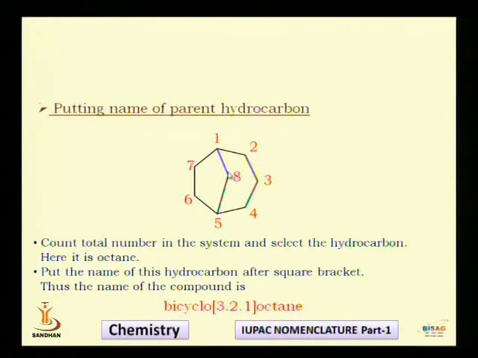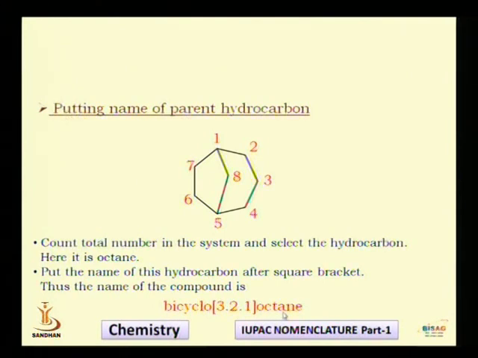So my compound has a total of 8 carbons, and therefore you go to the table which I had shown in the very first slide, the table showing the saturated hydrocarbons. In that table you will notice that when you have an 8 carbon saturated hydrocarbon, the name is octane. So you select the name of your parent hydrocarbon as octane, and that should be written over here.